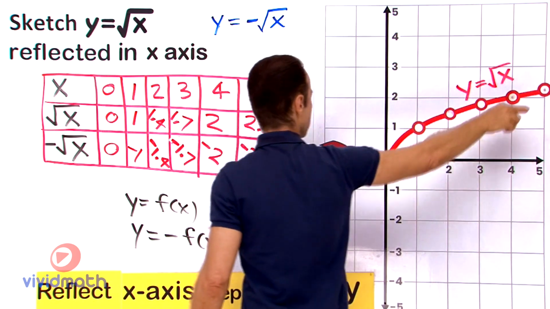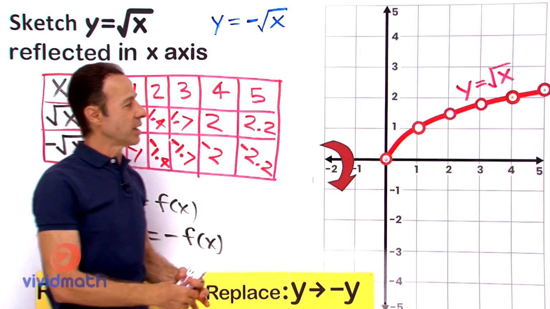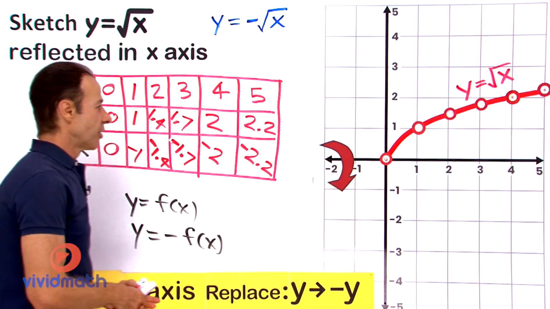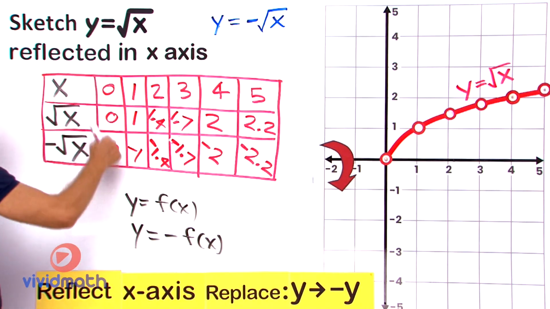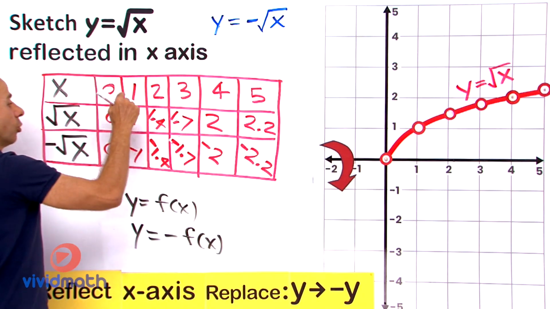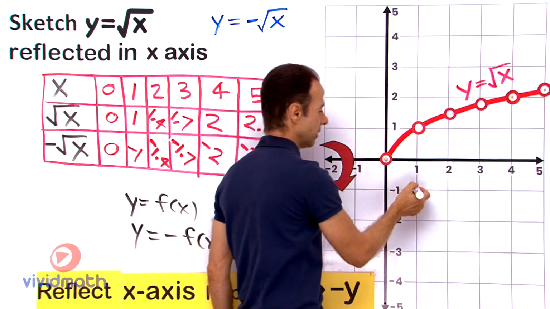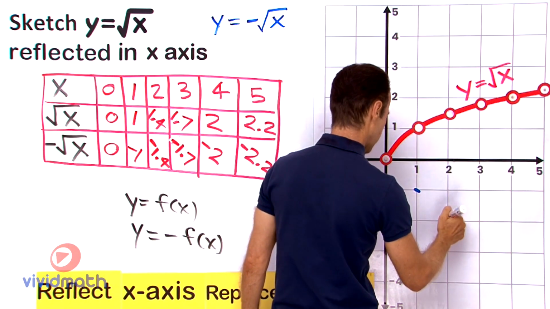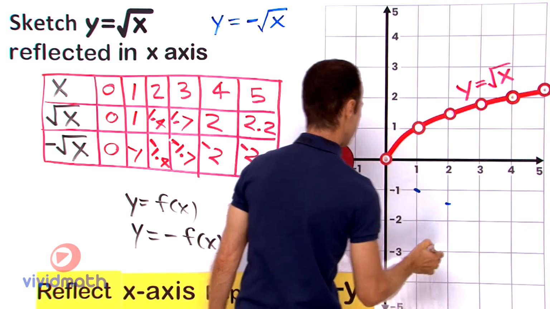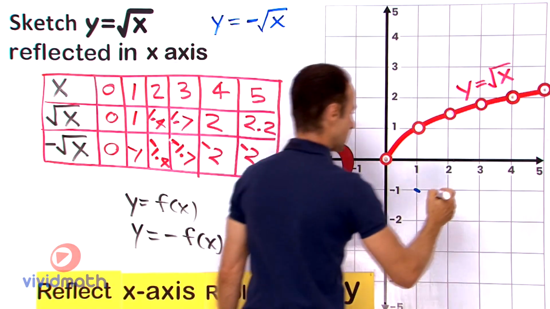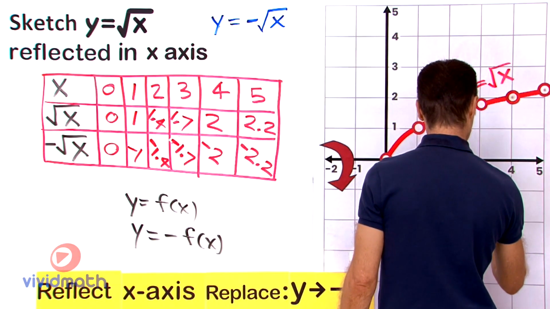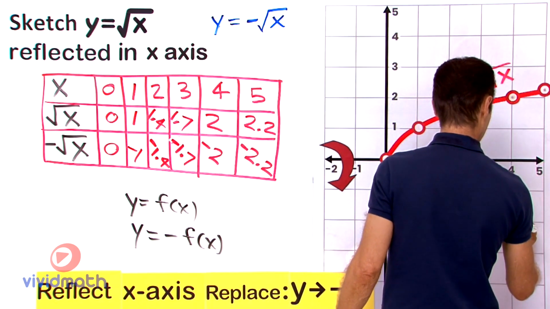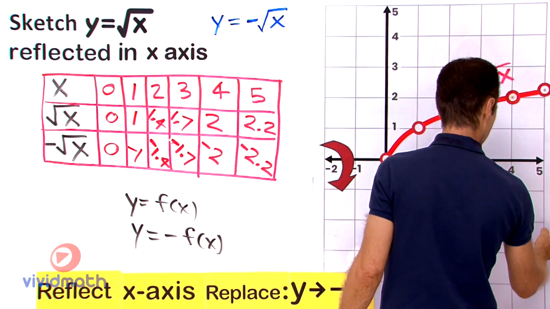Okay, there are our points. There's the curve. Let's put in the mirror image, symmetrical about the x-axis. All right, let's do that in blue. We've got 0, 0, bang, there it is. We've got 1, negative 1. 2, negative 1.4, that's about there. 3, negative 1.7, and 4, negative 2, and 5, negative 2.2.